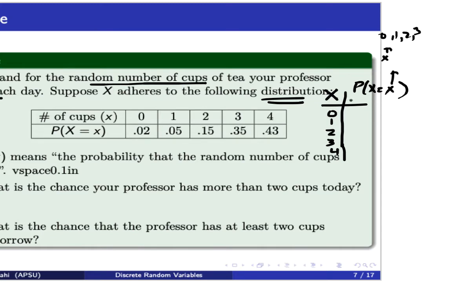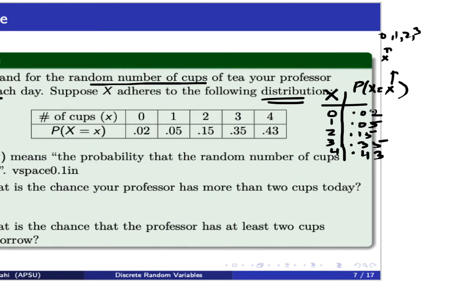So when small x is 0, I had 0.02. That's the probability of having no tea. So probability of having 1 tea a day is 0.05. Probability of having 2 cups is 0.15. 3 cups is 0.35 and 4 cups 0.43.